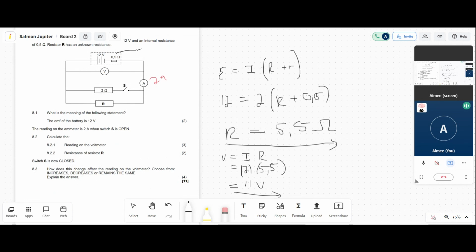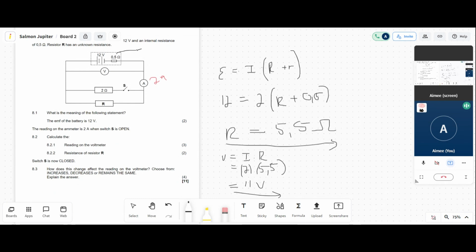And when you decrease total resistance, you are decreasing your external potential difference. So your answer is: by closing the switch, I'm decreasing my total resistance because I'm adding this resistor in parallel now and not in series anymore. And by decreasing the total resistance, I am decreasing the reading on the voltmeter.